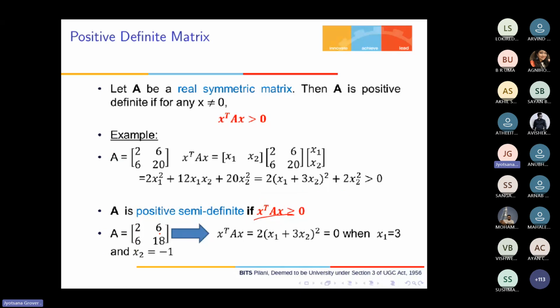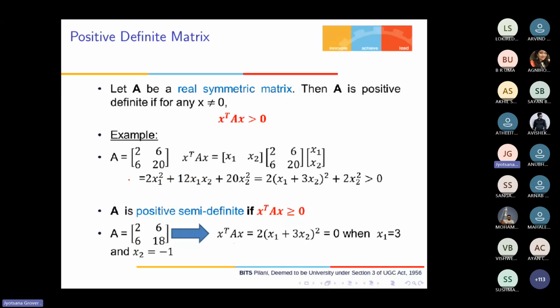For example, if you take instead of 20, you take here 18. So you can get here x transpose Ax as this. Because here, what term will you get? 18x2 square you'll get.